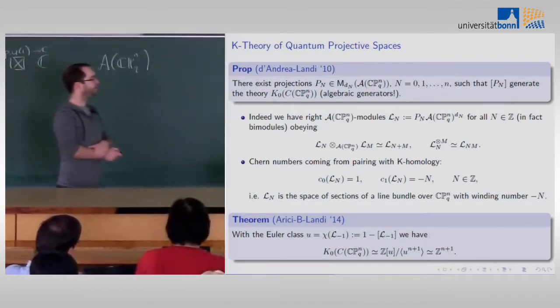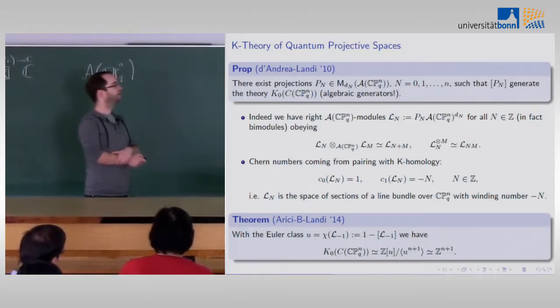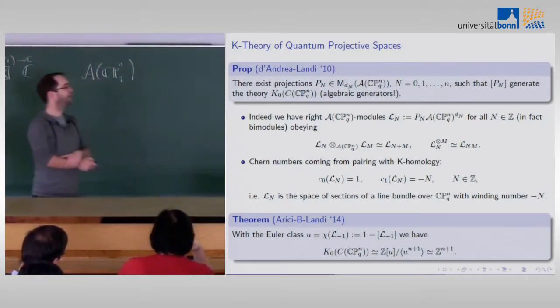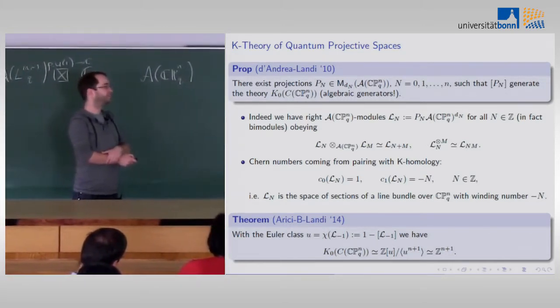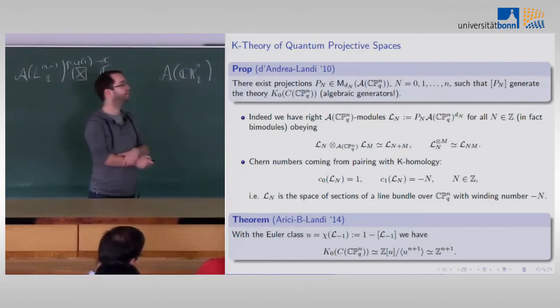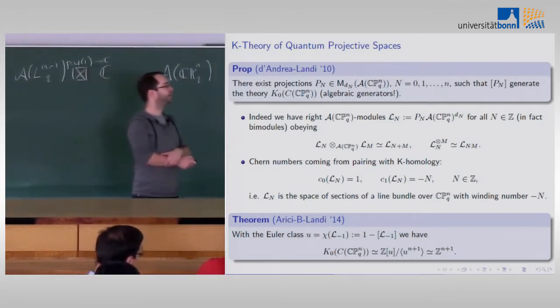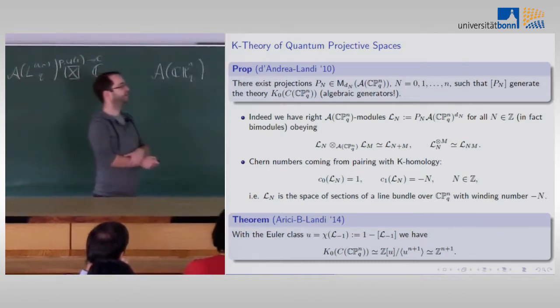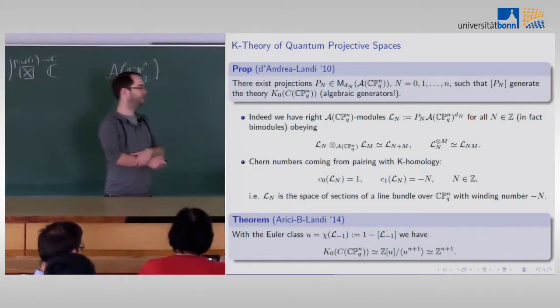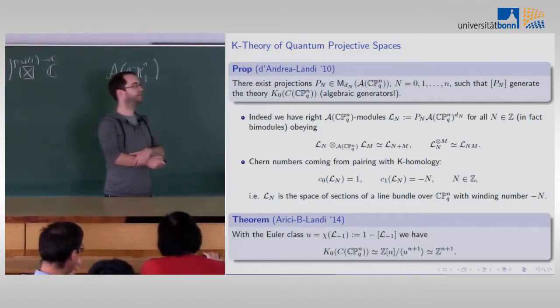Then we went a little bit further and we showed that if I take the analog of the Euler class of this space, so I take the canonical bundle, the one with winding number 1, and I take its Euler class, which I define to be 1 minus the class of this bundle, or this module, you find that the K-theory of the projective space is generated by this class, modulo setting its n plus first power to be 0.